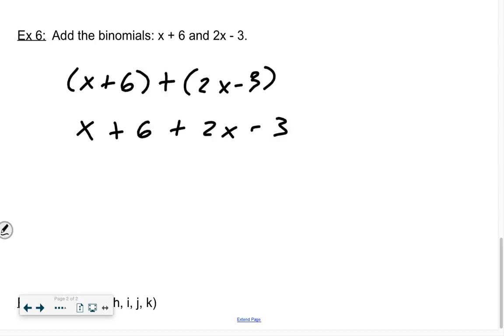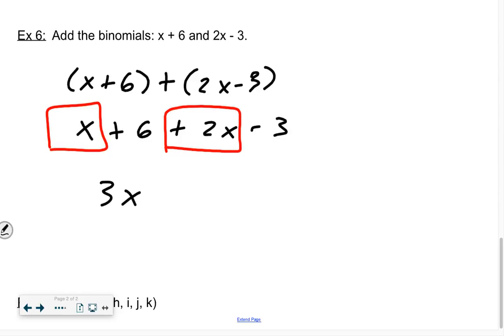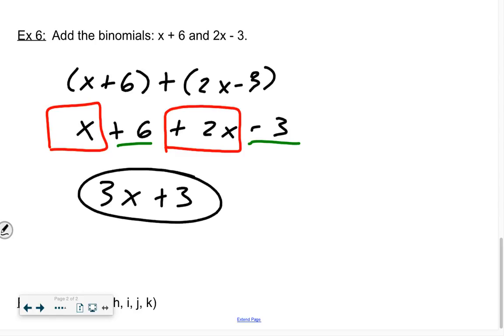And what this turns into is our old-fashioned simplifying, or collecting like terms. If I start with the first one, the x, that matches with the plus 2x. We keep our exponents the same. 1 plus 2 will get us 3. Lastly, we look at the 6 as well as the minus 3. So 6 minus 3 will get us 3. There's our expression.